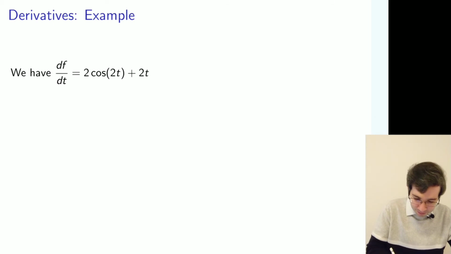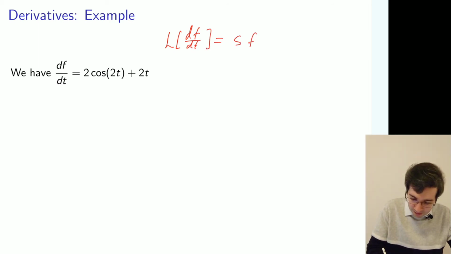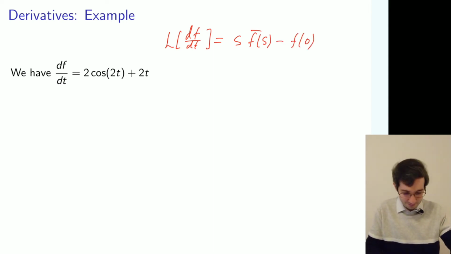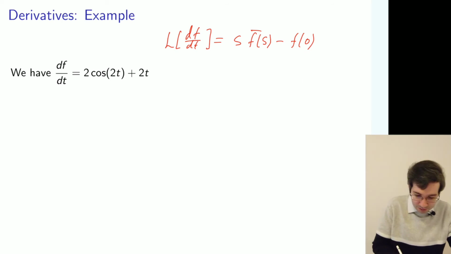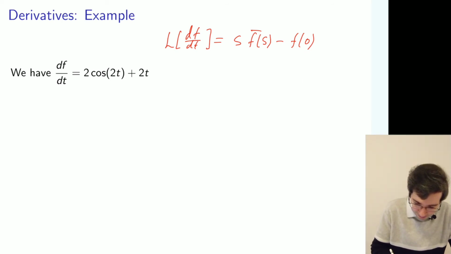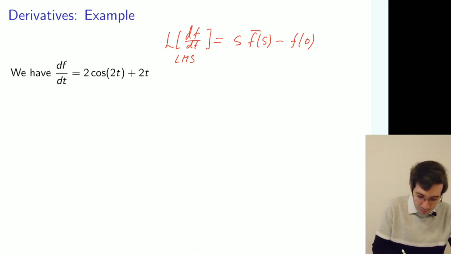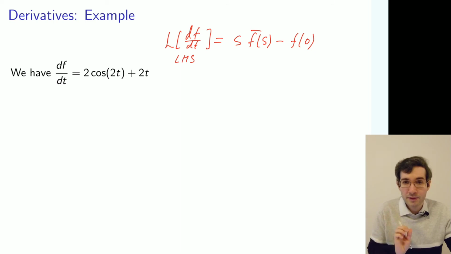What we want to prove is that indeed the Laplace transform of the derivative df over dt is s times the Laplace transform of that function minus its value at 0. First, we compute the left-hand side, and then we compare it to the right-hand side.